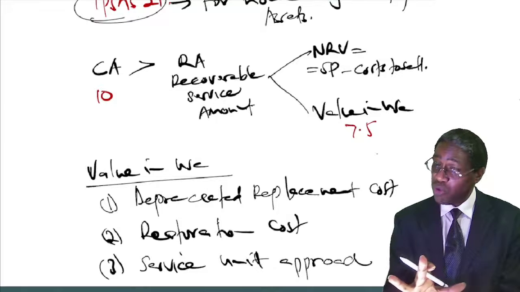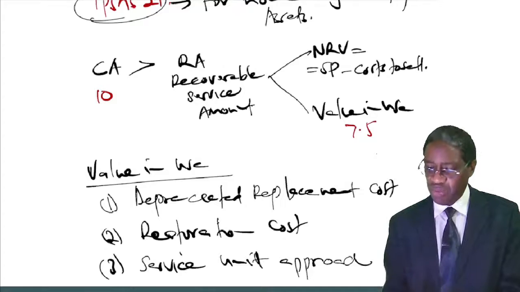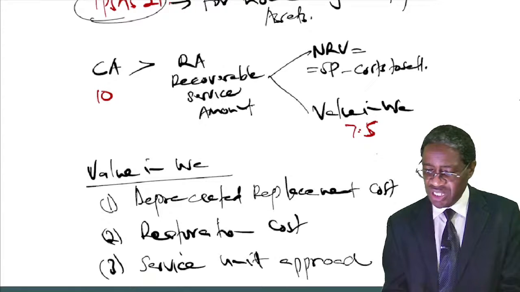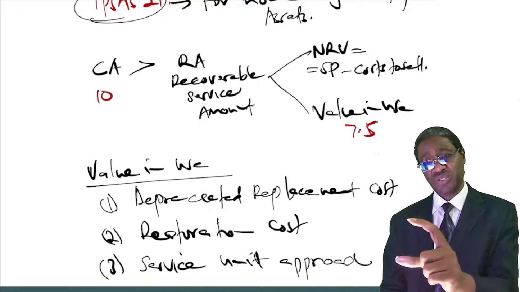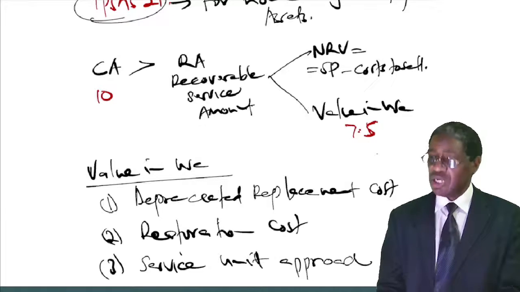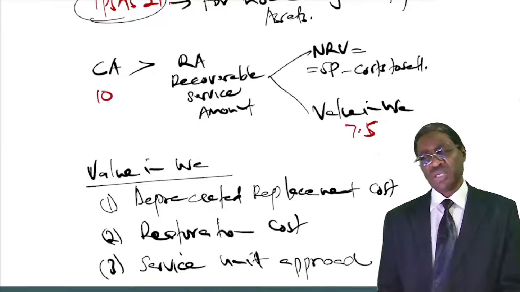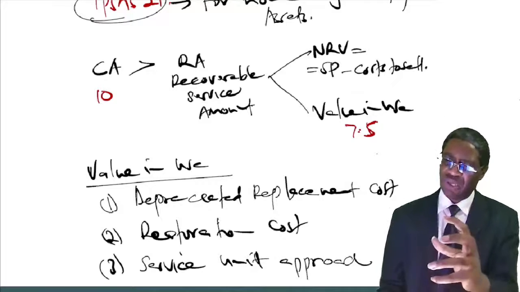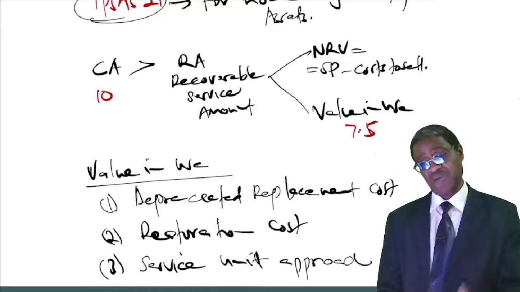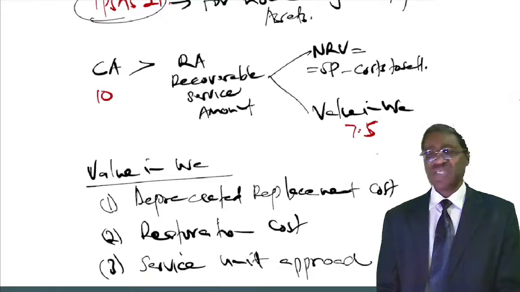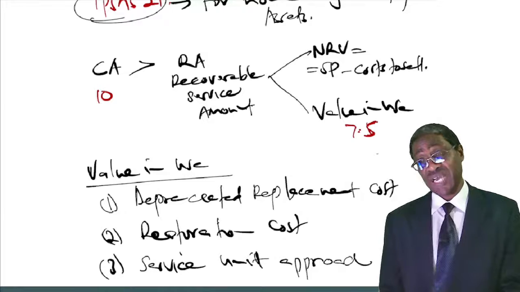Now we want to compute the recoverable service amount. I've already computed the value in use using the method we are calling depreciated replacement cost. Then, for most questions, you may be told that for this asset we are testing for impairment, we can't get a buyer. This is an asset that is being used for service provision by the public sector entity.